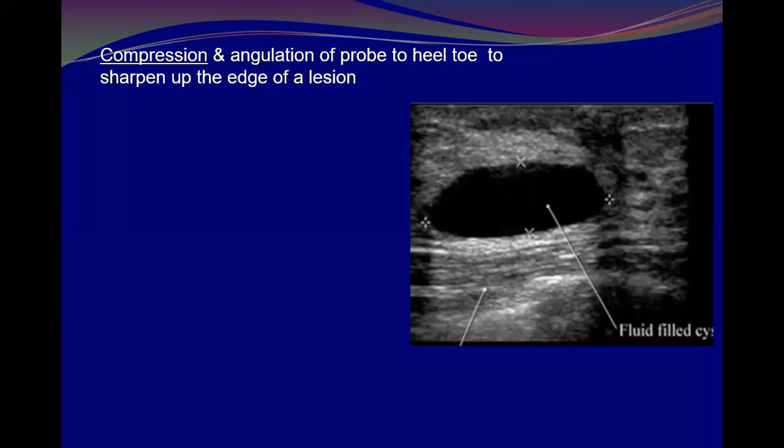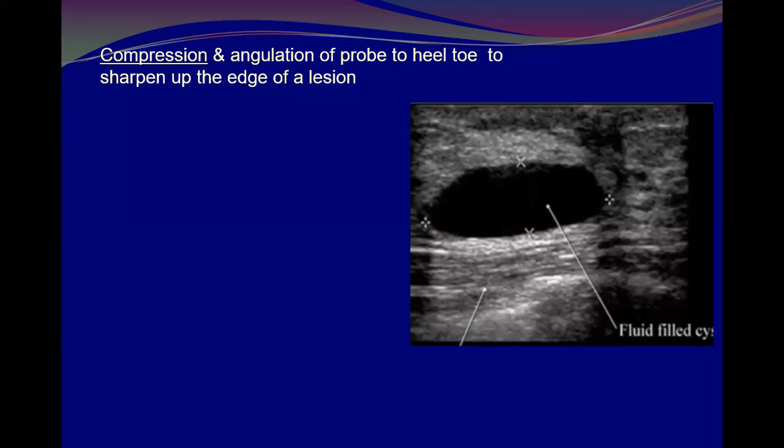Also here, if it is a little bit anterior or superficial, by pressure it can flatten to some extent, about 30% or something, with some deformity and flattening.